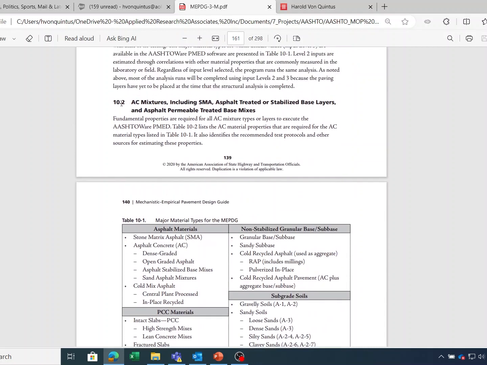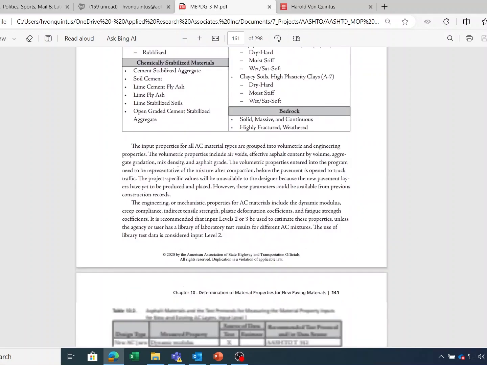So section 10.2 simply lists those properties that are needed to characterize the asphalt layers going from the wearing surface to the lower asphalt layer in a flexible pavement structure.